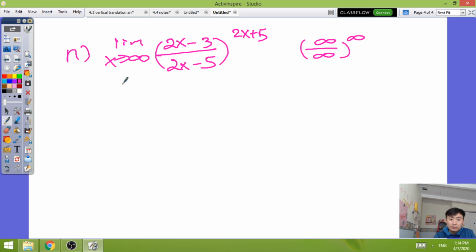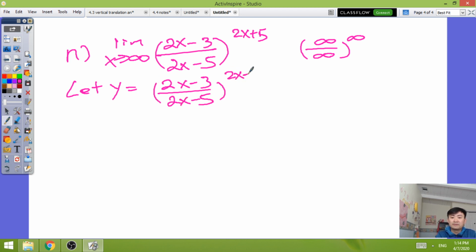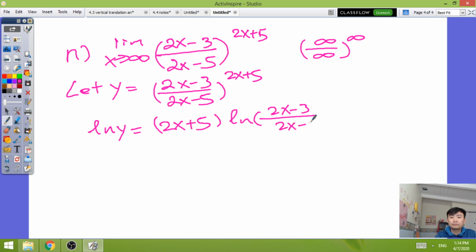So what we can do, we can set y equals 2x minus 3 over 2x minus 5 to the power of 2x plus 5. So take the natural log of both sides, bring down the power. So natural log of this whole quantity.